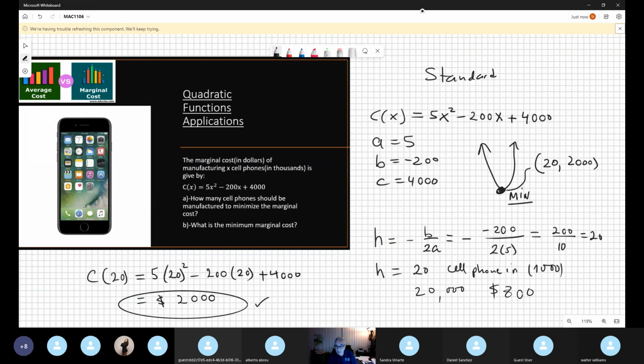That point is 20 in x, of course 20,000 cell phones, and the cost, when you plug in 20 in this expression, is $2,000. You get the idea or no? Yeah, I understand now, because I was reading the questions. Thank you. Cool, no problem.